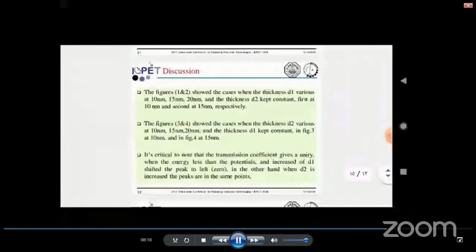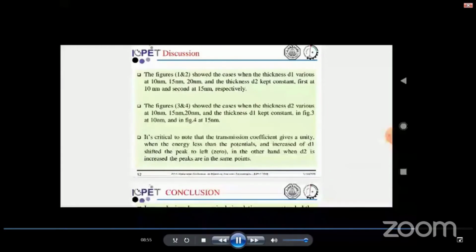Finally, discussion. Figures 1 and 2 show the case when the thickness D1 varies at 10, 15, 20 nanometer, and thickness D2 is kept constant, first at 10 nanometer and second at 15 nanometer respectively. Figures 3 and 4 show the case when the thickness D2 varies at 10, 15, 20 nanometer and the thickness D1 is kept constant, at 10 nanometer in figure 3 and at 15 nanometer in figure 4.